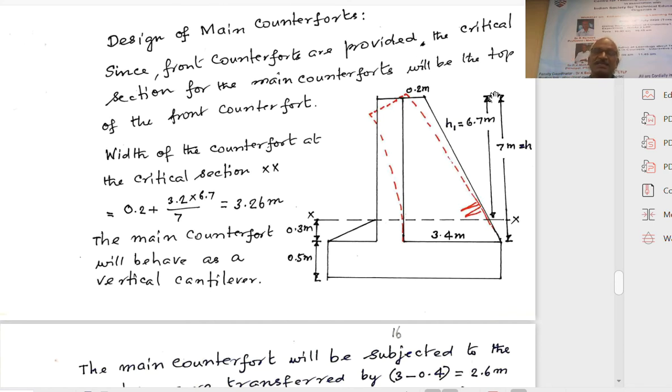So XX is the critical section for the design of the main counterfort, because below that you have concrete on both sides for the entire 4.8 meters, and gradually it decreases. So as far as the main counterfort is concerned, in the present situation the minimum width available is at XX, that is, at the highest depth. XX is a critical section.